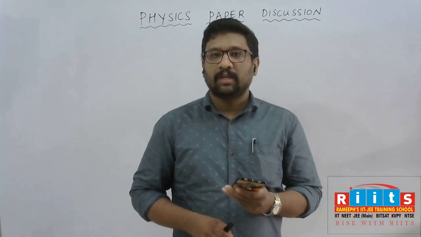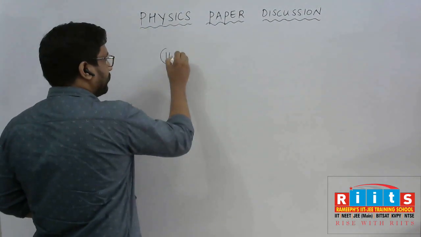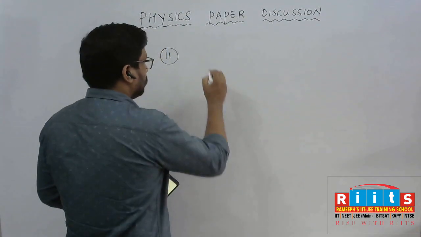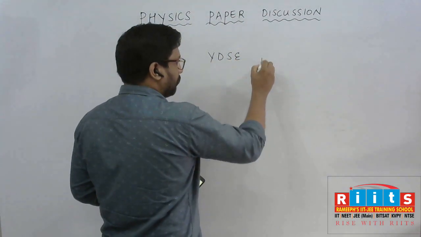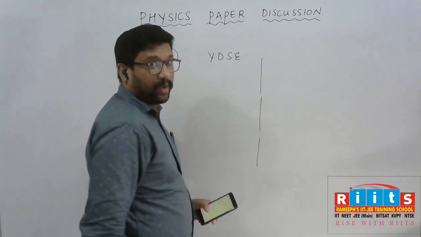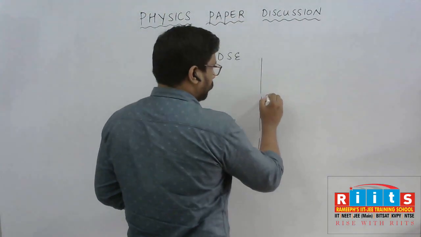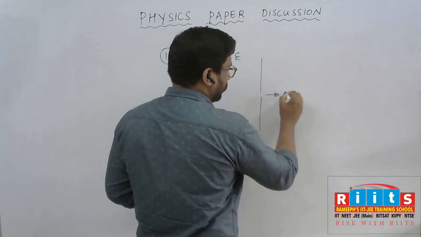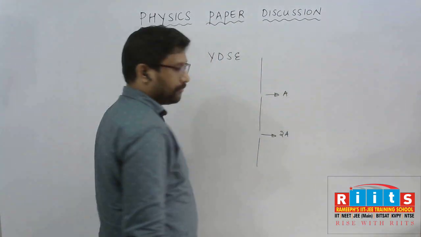Out of the given options, you have to find out which one is correct. This question is related to Young's double slit experiment. Because of the width difference, the amplitudes of the light waves coming from these two slits are different. Suppose one of the amplitudes is A, the second amplitude you can consider as 2A.